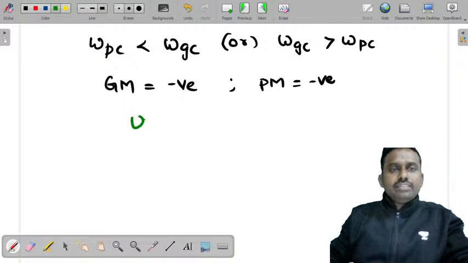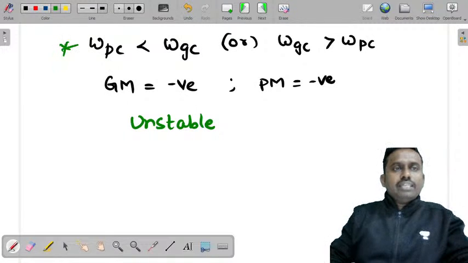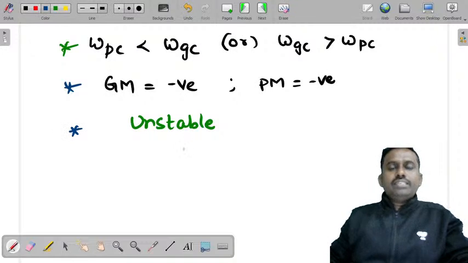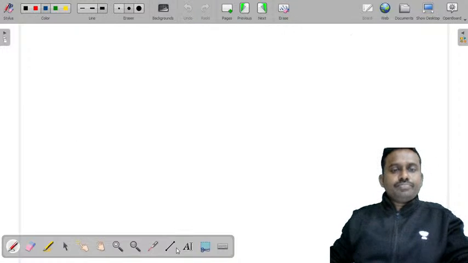Then can I say the system is unstable? So the system is unstable if the phase crossover frequency is less than the gain crossover frequency. Right? Now let's look at the second case.